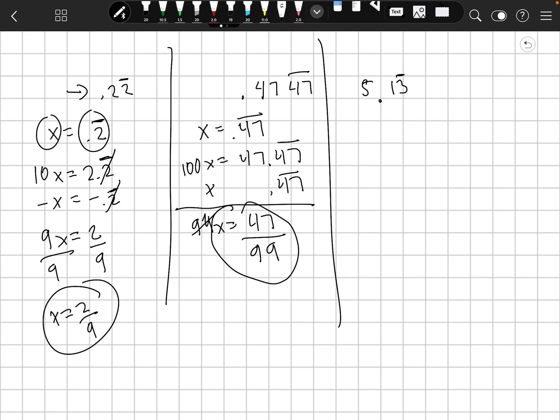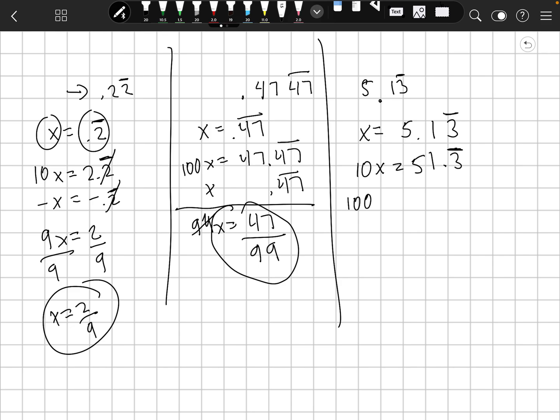Okay, last one. This one's a little bit trickier. x equals 5.13 repeating. So let's see what we can do. Let's times this, so x equals 5.13 repeating. Okay, I'm going to go 10x equals 51.3 repeating.